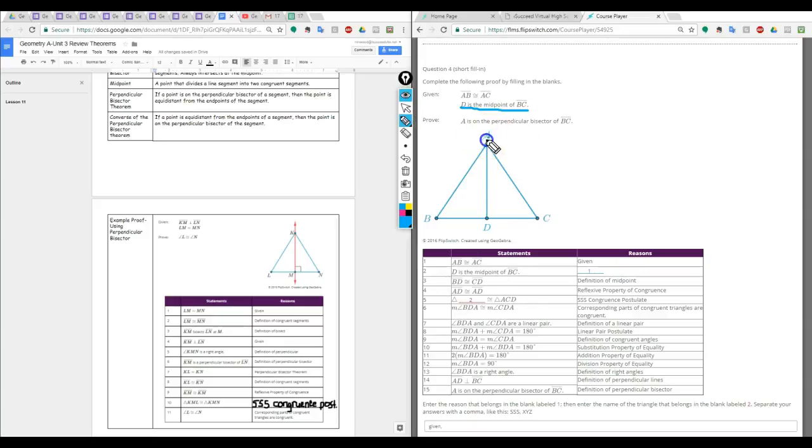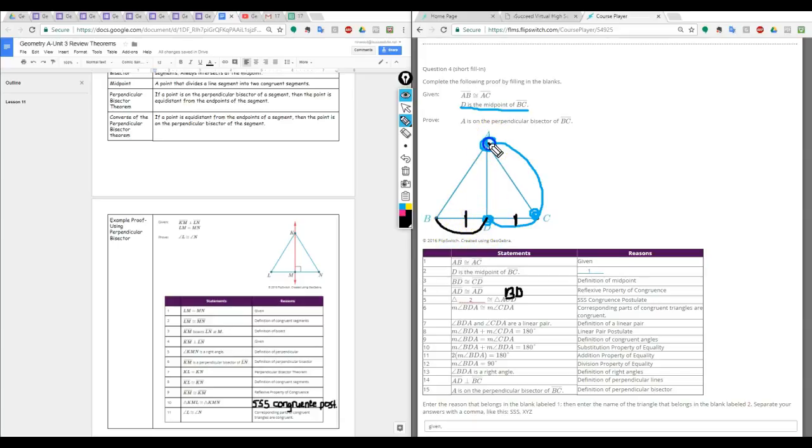They went in the order from A to C to D. So because BD is congruent to CD, I know that BD has to be the second side, or the second segment. So where is our starting point? Do I go from A to D? So BD is our second segment.